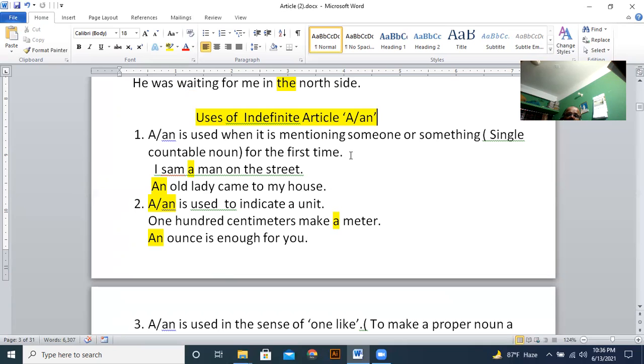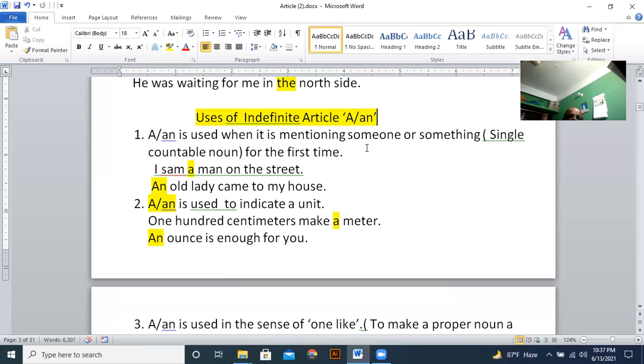A, E, I, O, U: these 5 letters are vowels and the other 21 letters are consonants. If a singular countable noun starts with a consonant, you have to write a, but if a vowel, that is A, E, I, O, U, then you have to write an.